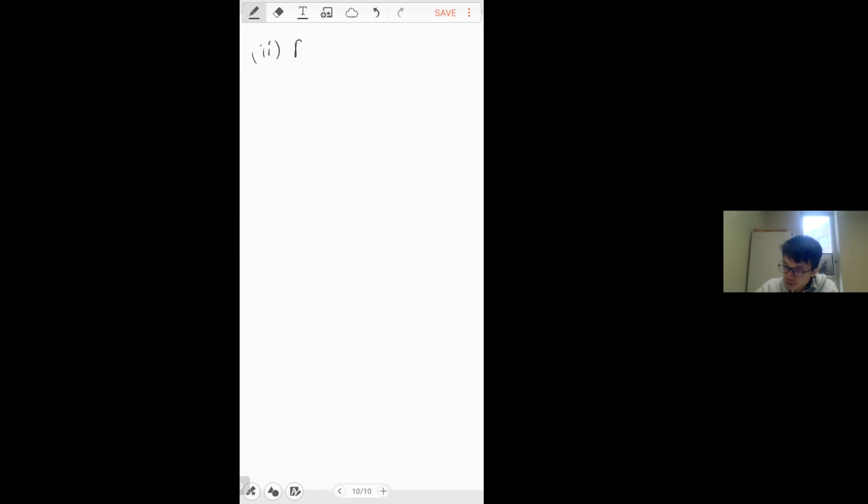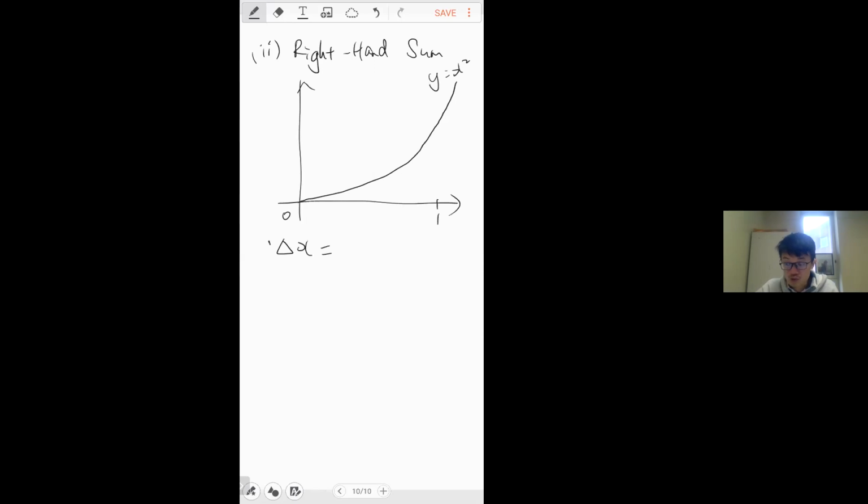Second part, I want to compute the right-hand sum. So the idea is almost the same, but instead of taking left endpoints, I'm taking the right endpoints. So delta x should still be the same. It's (1 minus 0) divided by 3, which is 1/3. So the width of each rectangle should be 1/3, but the right endpoints are not the same anymore.